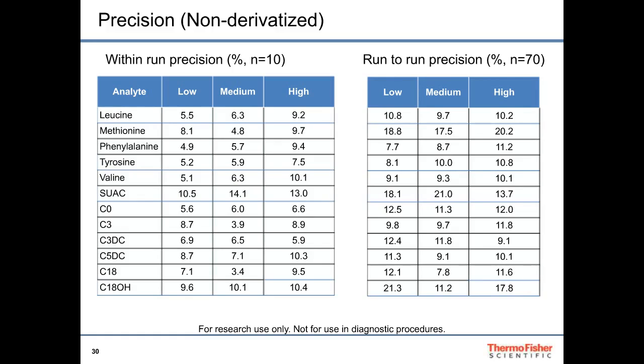And that's something that does happen when you do derivatization, because you're adding an extra step to the method. Even though we're getting better sensitivity, we're adding an extra step, and therefore we can add more variance to our measurements. So that's not at all unusual.